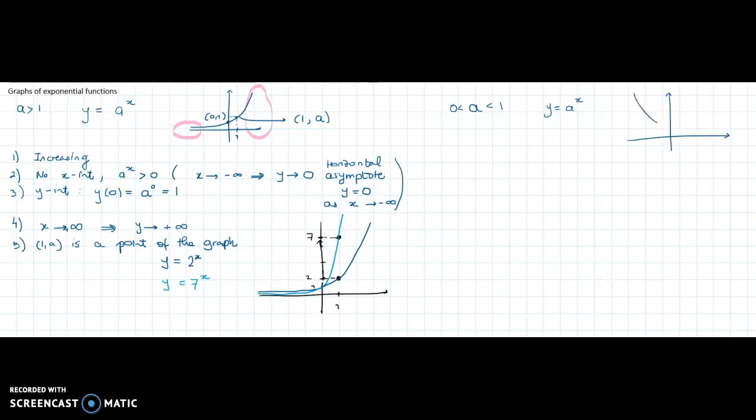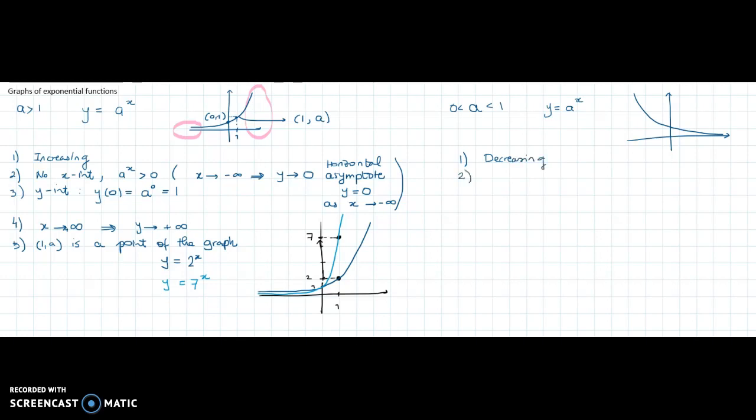And the function, as we just saw, looks like something like this. So let's see, what do we know? I kept over here the properties for the case a greater than 1, so we can compare and contrast. In the case a greater than 1, we had that the function was increasing. Now the function is decreasing, so it's getting smaller and smaller.